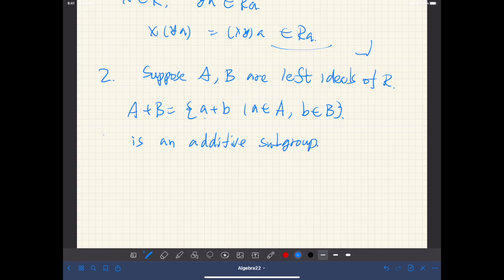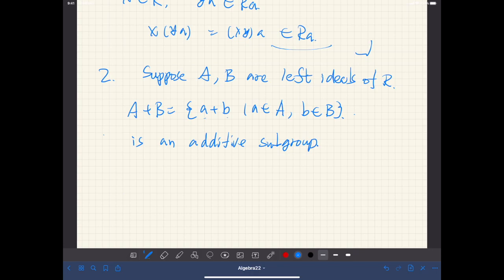You should apply the subgroup criterion for this: existence of 0, closed under addition, and the existence of the additive inverse can all be satisfied.